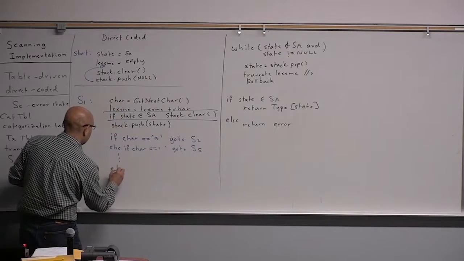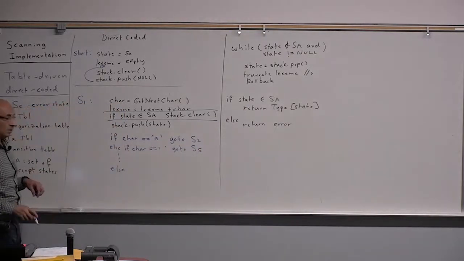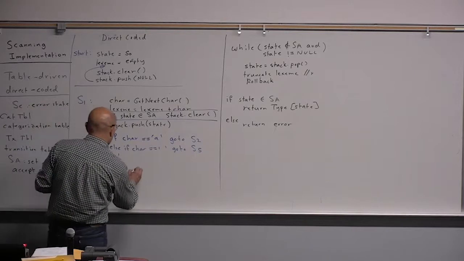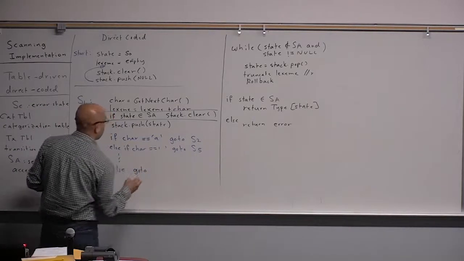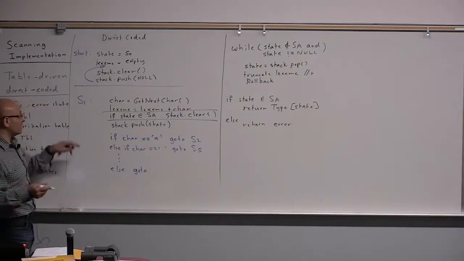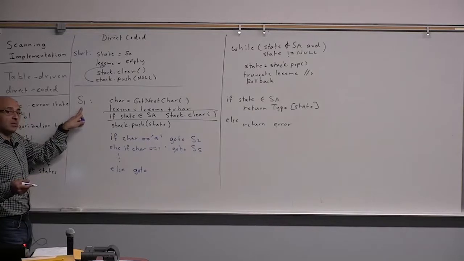Then the last else, which corresponds to a character that you are not recognizing, go to what? A character for which there is no transition from S1. Where will you go?